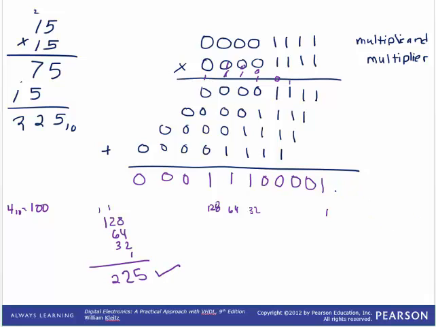Yes, it does check. So here's my answer in base 2. The main trick is seeing how you carry over the numbers. I hope you could see that. I almost want to do that one more time so that you can see it. Maybe I should.